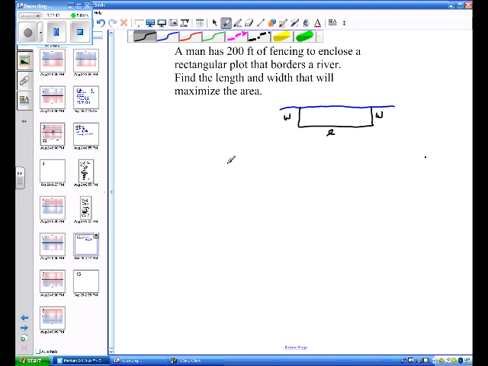Well, we know that our formula for area is length times width. So that's what we're going to start with. That's what we're wanting to maximize. Well, what we know here is that if we added this up, his length plus his 2 widths, that's going to be his 200 feet of fencing.